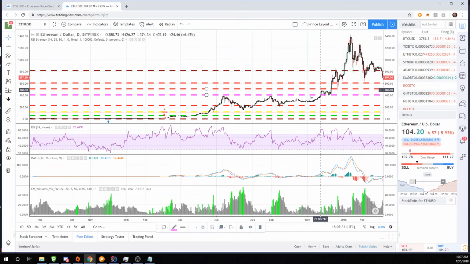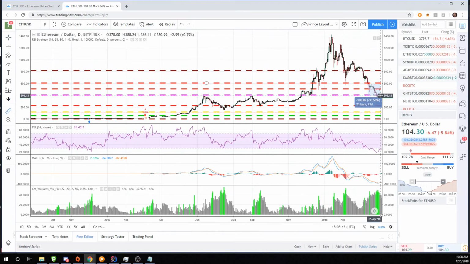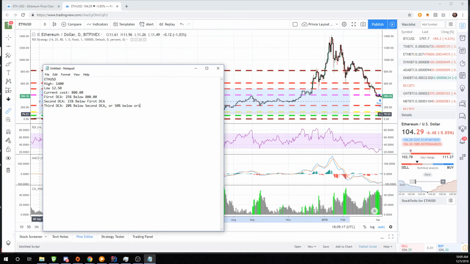So what we ended up actually doing, so we ended up waiting, from 800. This is where we started. We ended up waiting for a 50% loss, right? So third DCA is either 20% below second DCA or 50% below original cost.